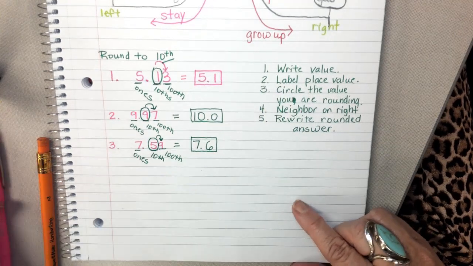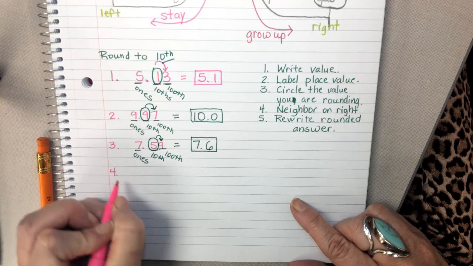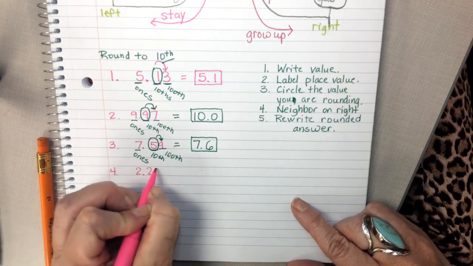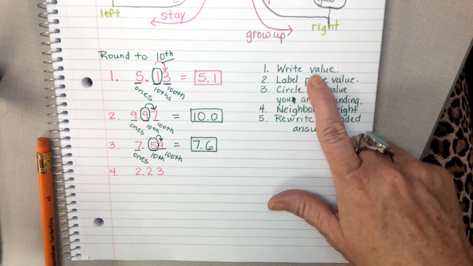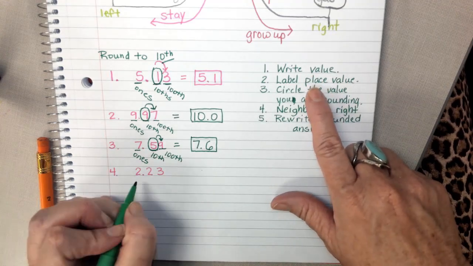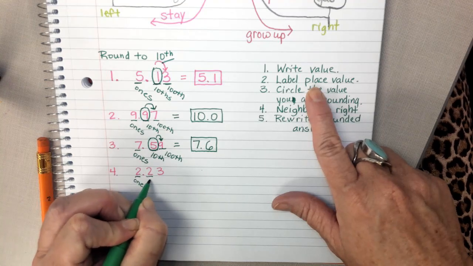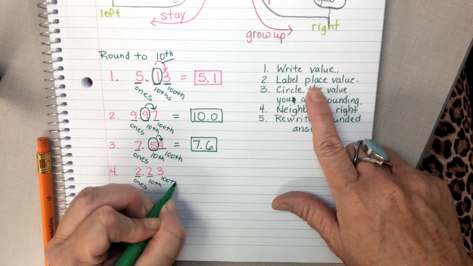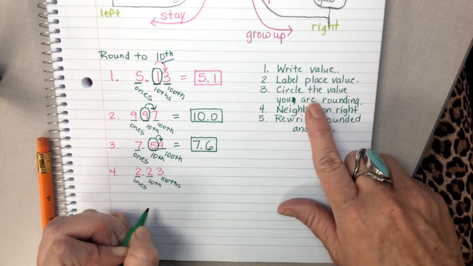I'm going to do 2 more examples with you. Question number 4. 2 and 23 hundredths. We wrote the value. We're going to label the place value. This is the ones. This is the tenths. This is the hundredths. We're going to circle the value that we're rounding.